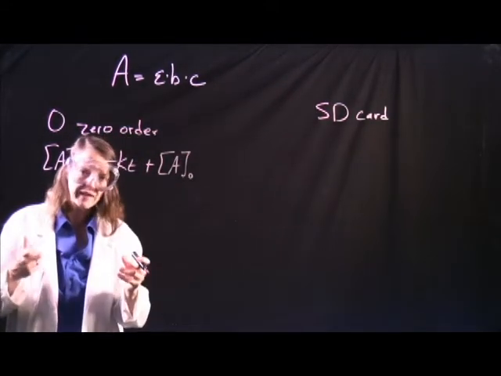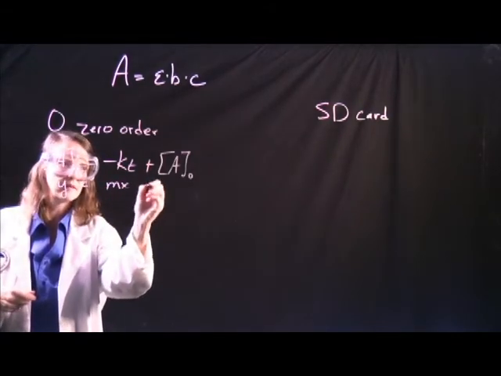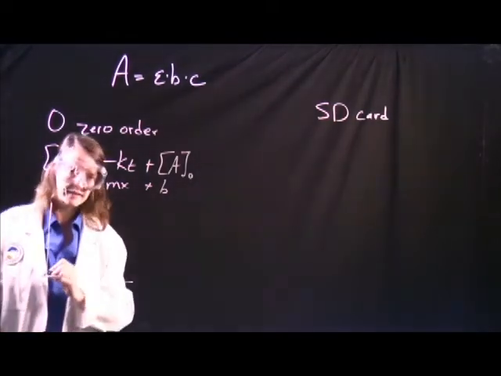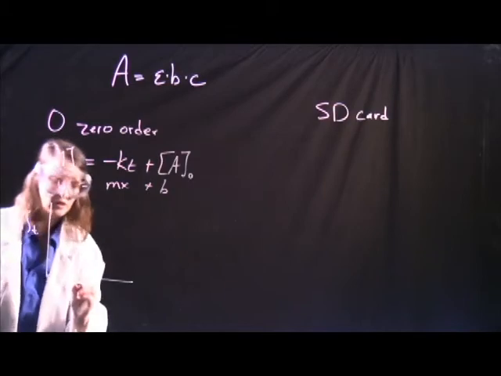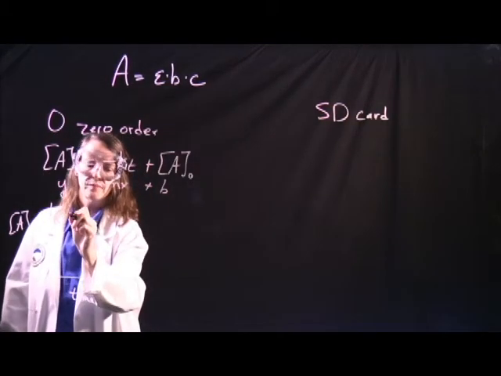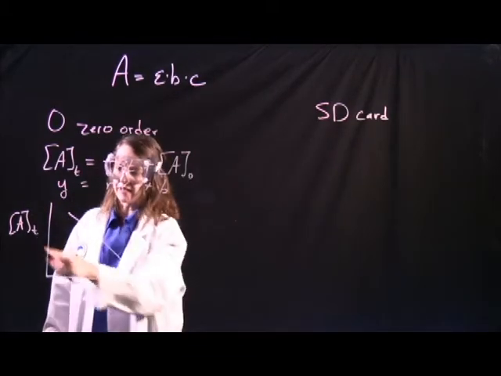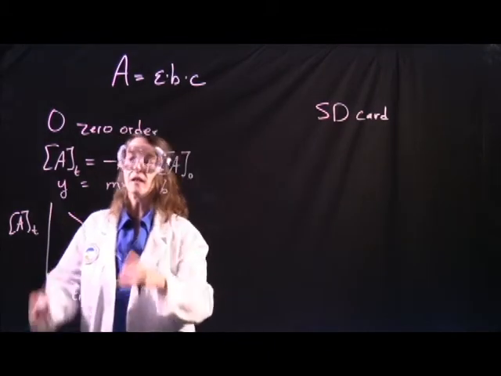This equation is written in the form of a straight line, y equals mx plus b. So when you try to graph the data that you have, you're going to look at concentration versus time. The slope will be negative. If the data you collected gives you a straight line when you put concentration versus time, then you're looking at zero order kinetics.